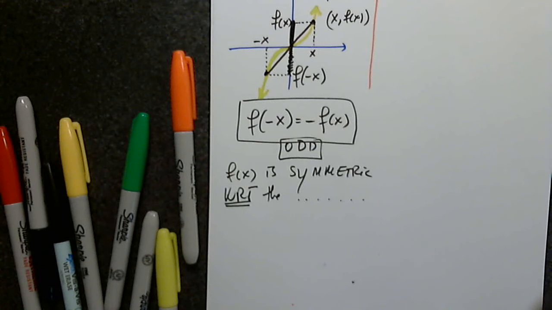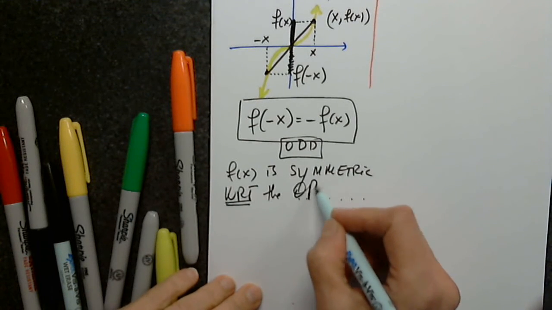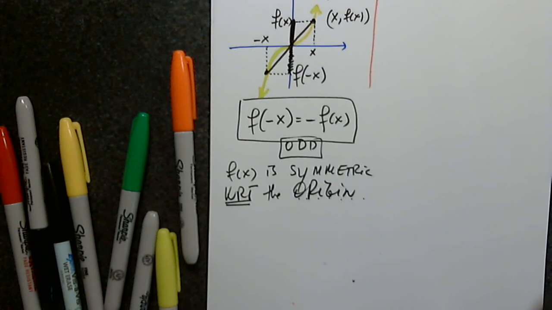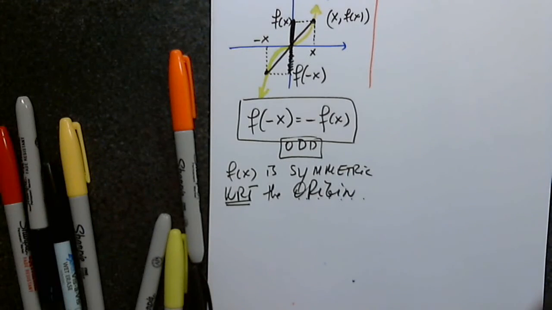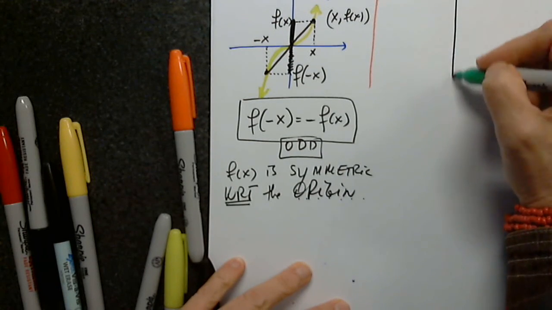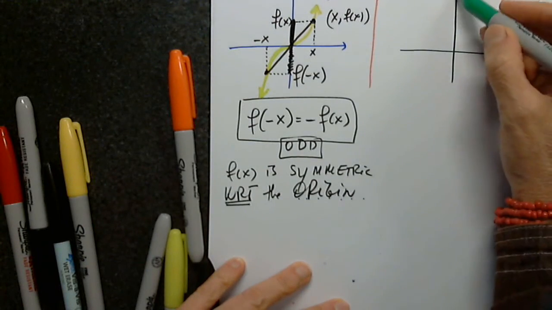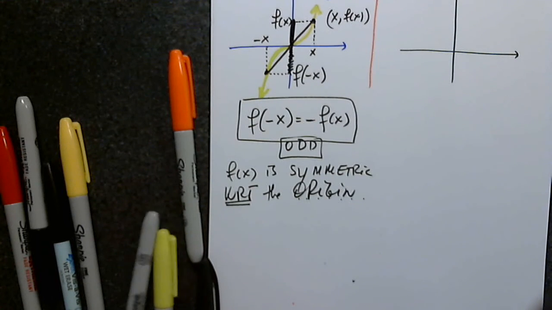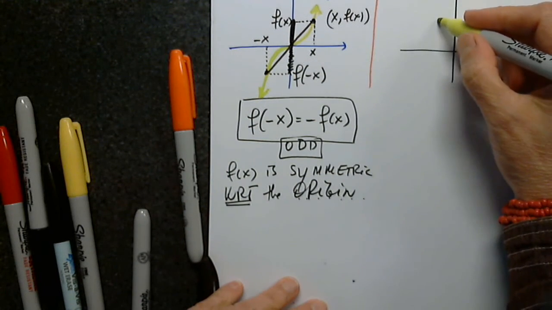With respect to. So this piece is symmetric to this piece of the graph with respect to what? The origin. With respect to the origin. That's why I drew that line segment through the origin. Perfect. Let's look at the other situation and then look at problems. Examples. Here's another situation. Here's the graph of another function.